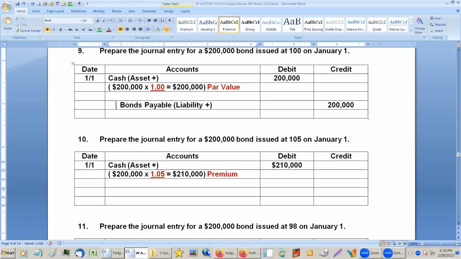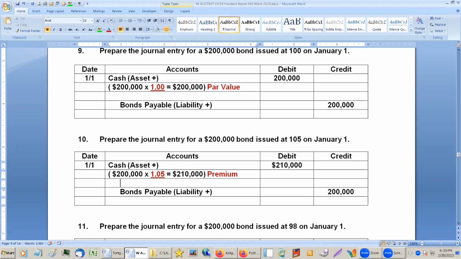Now our bonds payable is going to be exactly the same. At the end of its life, we have to pay off this bonds payable. And you'll notice something immediately: these two sides don't balance. So what we need to put in there is an account.